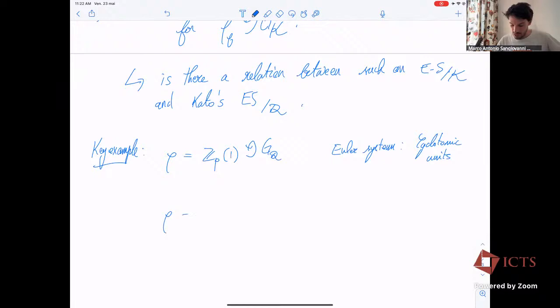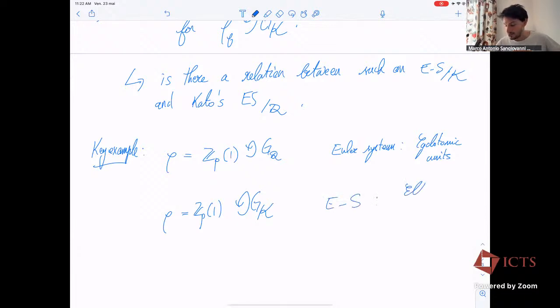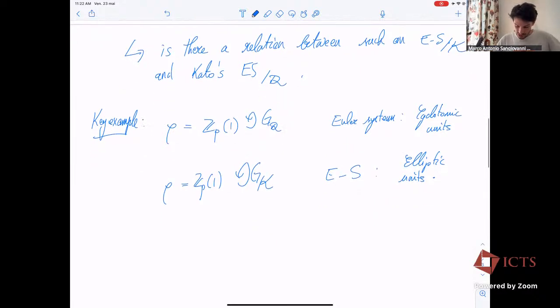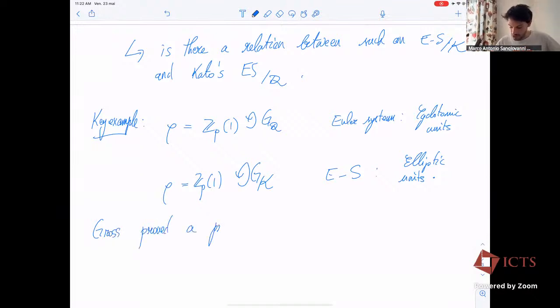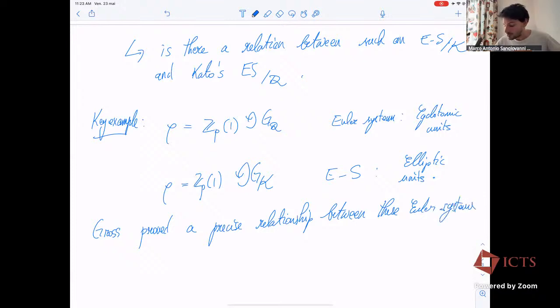But if you consider rho still the same Galois representation, but with an action of G_K, then the Euler system is the elliptic units Euler system. And there is a paper of Gross that proved a precise relationship between them. I won't state exactly what this relation is.